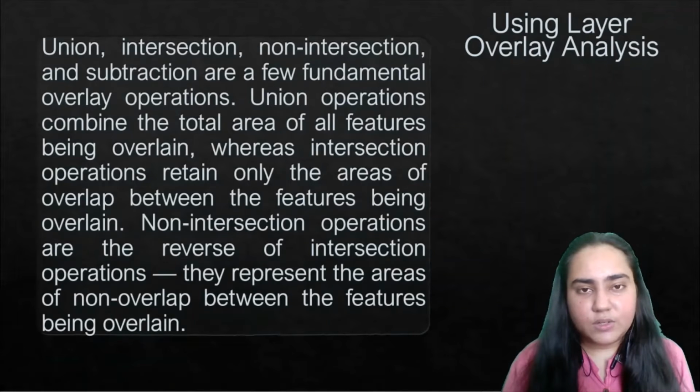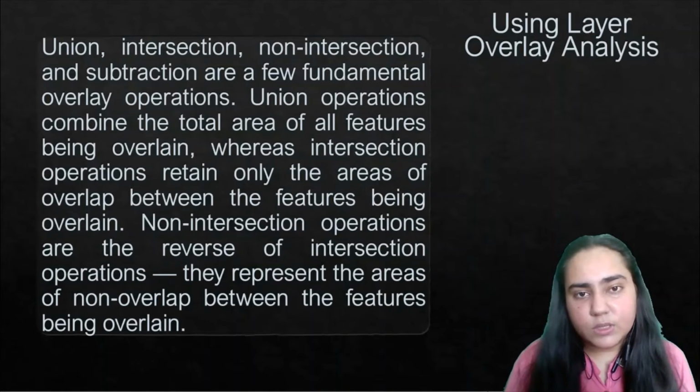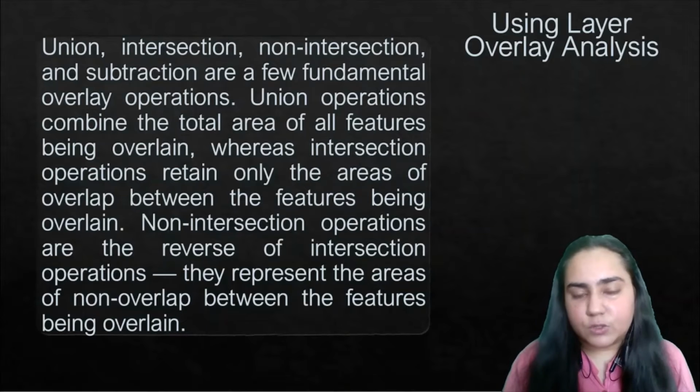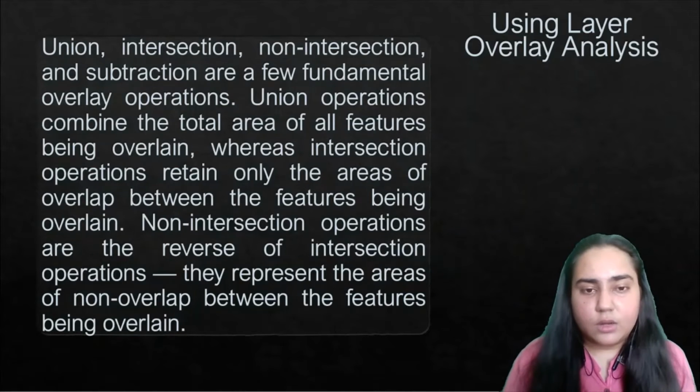So union, intersection, non-intersection, and subtraction are a few fundamental overlay operations. Union operations, as the name suggests, combine the total area of all features being overlain, whereas intersection would retain only the areas of overlap between the features being overlain.